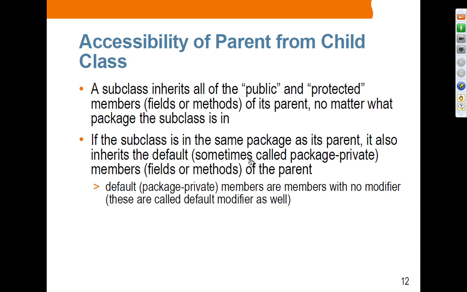If the subclass is in the same package as its parent, it also inherits the default members of the parent. If you remember, we have four access modifiers: public, protected, default, and private. So when I'm saying all methods and all properties of a parent, I'm assuming these constraints are understood.